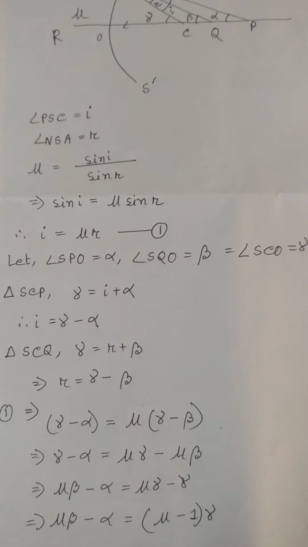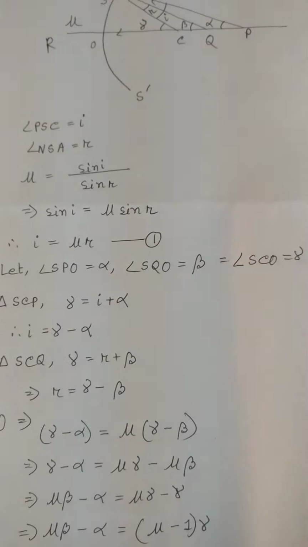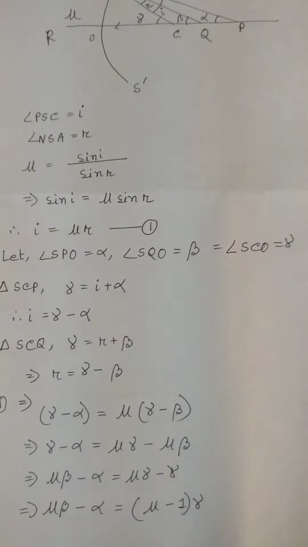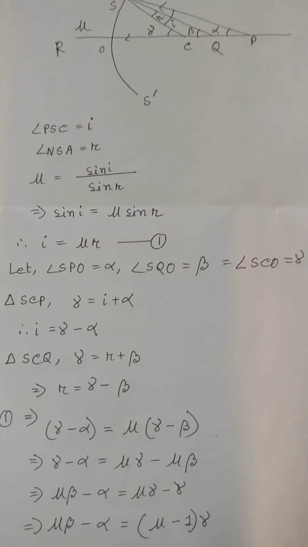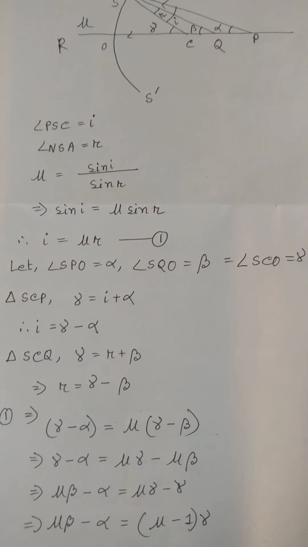So mu beta minus alpha equals mu gamma minus gamma, and taking gamma common, mu beta minus alpha equals mu minus 1 into gamma.